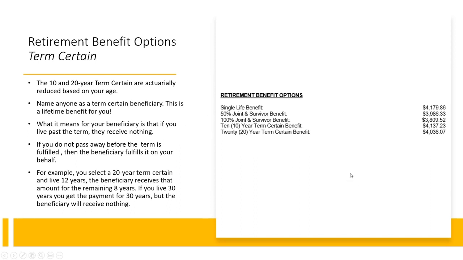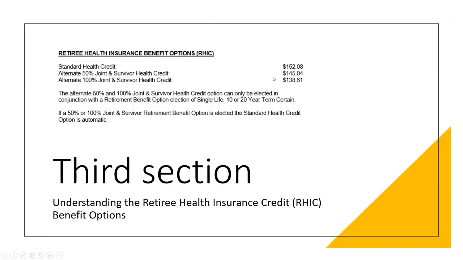You can name any beneficiary you want. However, if you're married and you name your boyfriend or girlfriend as a term certain, you're going to have your spouse sign off on that beneficiary designation. And so again, whatever you choose, always, always, always lifetime for you, okay?